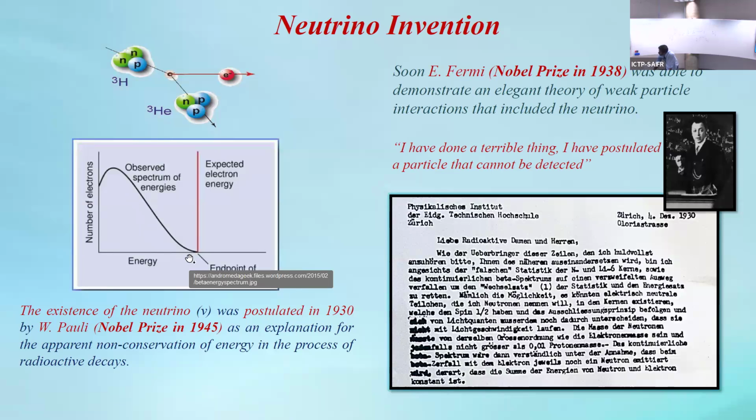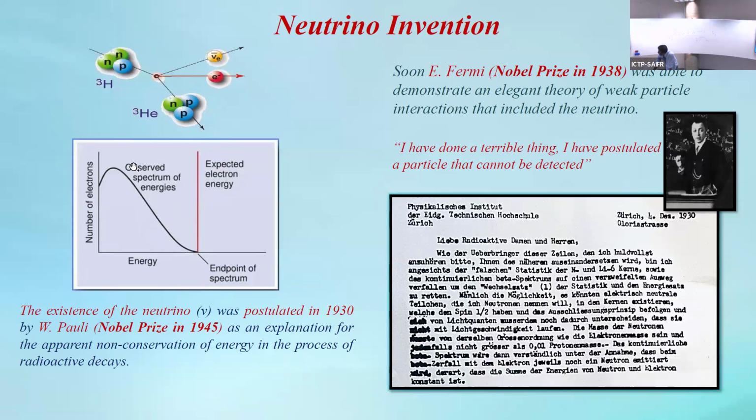If there were no neutrino, I should expect a discrete energy here. But what we are finding is a continuous spectrum, and this led to the postulation of the neutrino by Pauli in 1930. There was a conference in Germany in Tübingen for the experimental physicists.